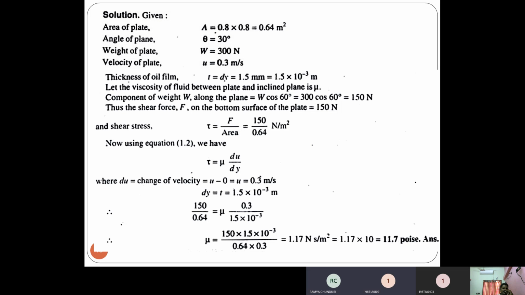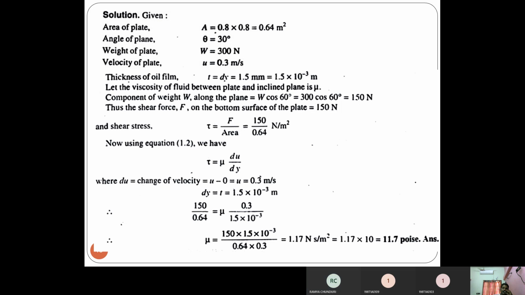Let the viscosity of the fluid between the plate and inclined plane be mu. We are assuming the viscosity of the lubricating fluid as mu. The component of W along the plane is W cos 60 degrees, because we have to resolve that vector, as we did in first year physics, in the third unit, kinematics, where we resolved velocity vectors into horizontal and vertical components.